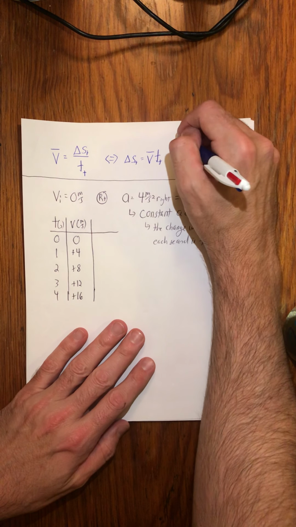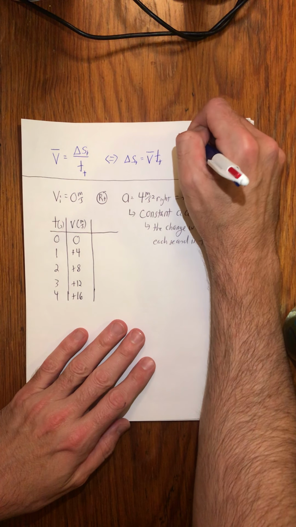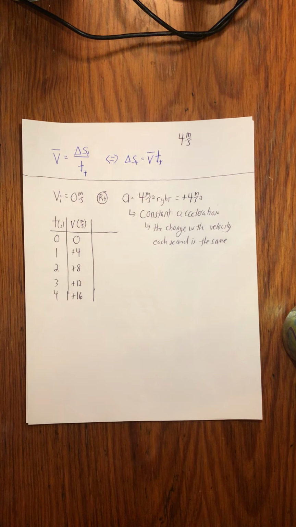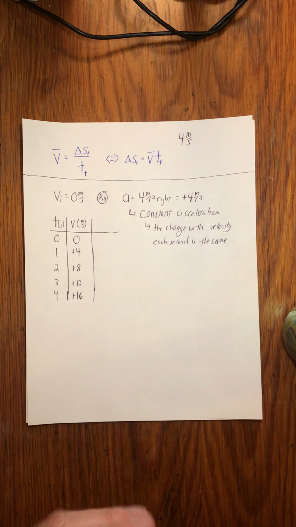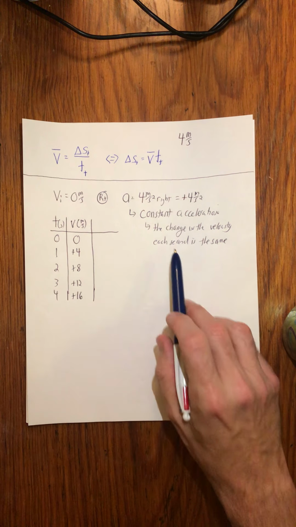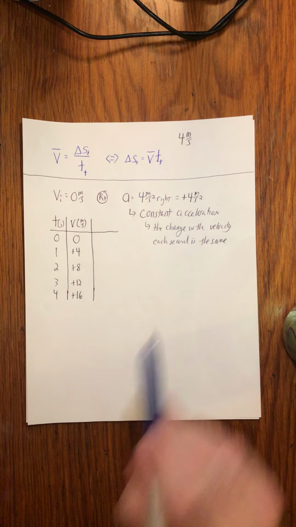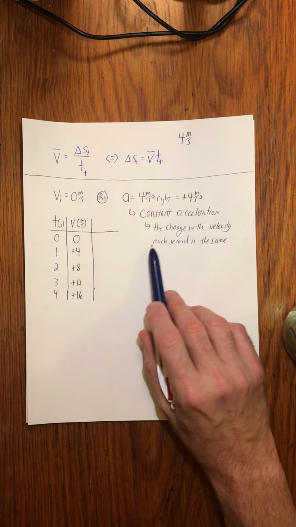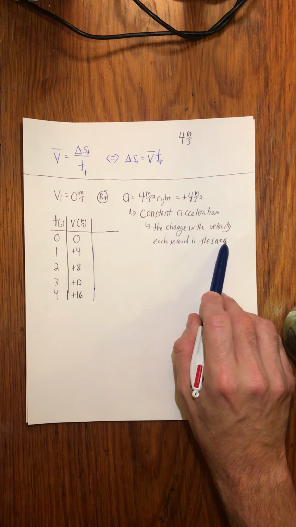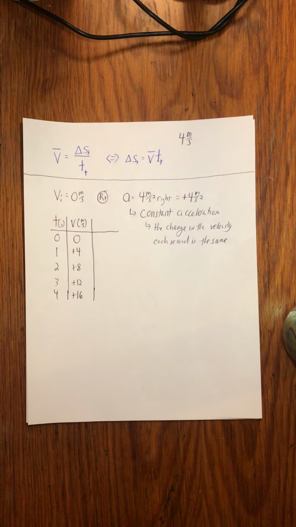So if I had a constant velocity of 4 meters per second, that means the change in position each second is the same, which is very different than saying the change in velocity each second is the same. So hold on to that.